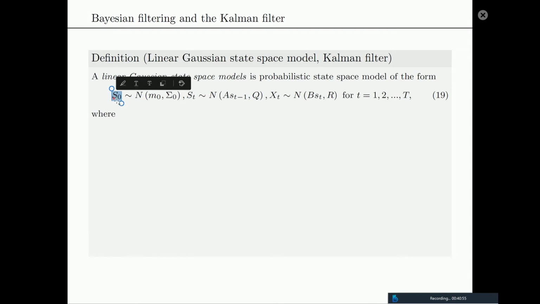So the initial state is distributed according to a multivariate Gaussian distribution with expectation parameter M0 and variance parameter sigma 0.